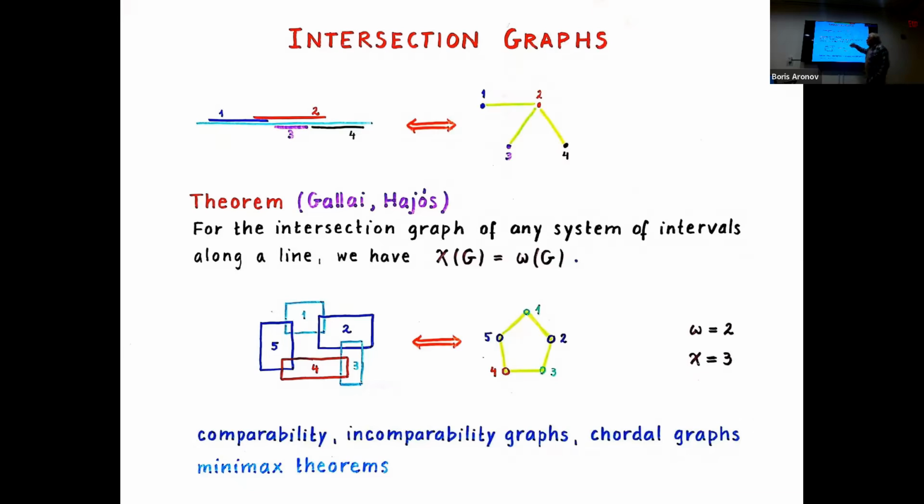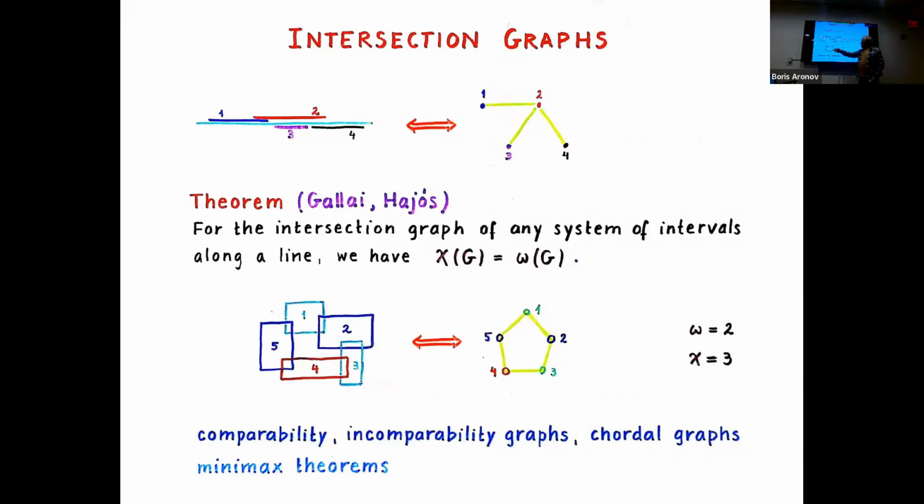So you may hope that it easily generalizes to higher dimensions. For instance, in the plane, you can take, instead of intervals, axis-parallel rectangles, and you look at their intersection graph.